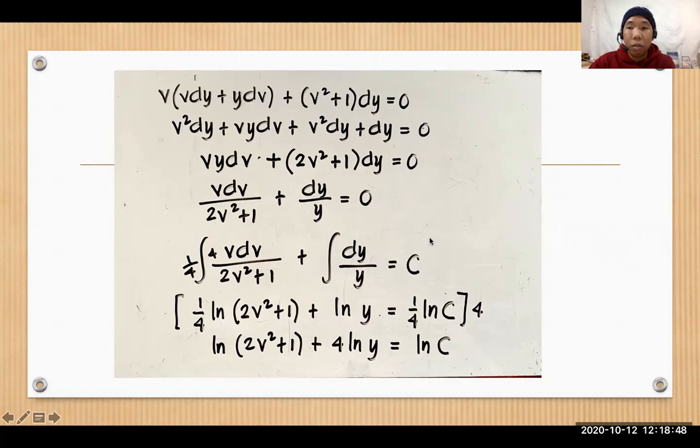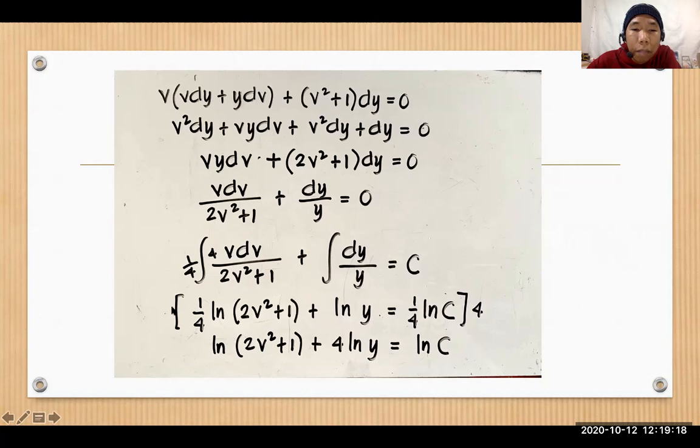Equal to, supposedly it's c, but we can transform c to simplify the entire equation. What I did here is that I put 1/4 so that I can eliminate 1/4 in this term. And I put c to be ln of c, so I can eliminate the logarithmic function later.